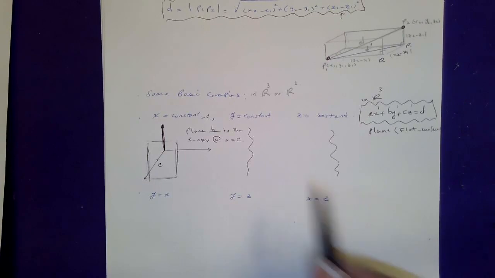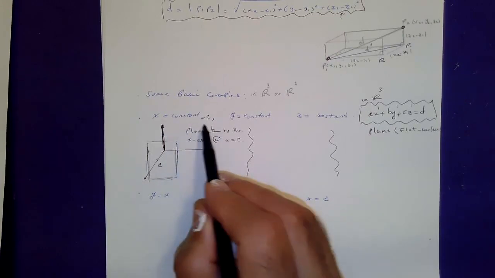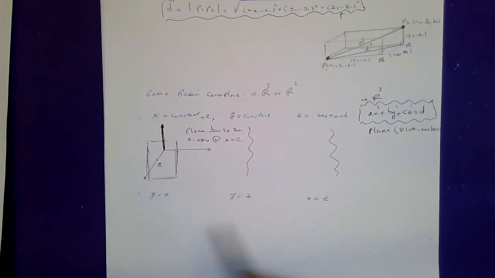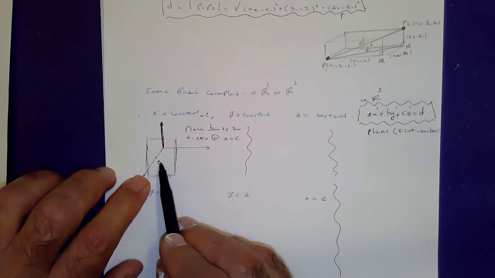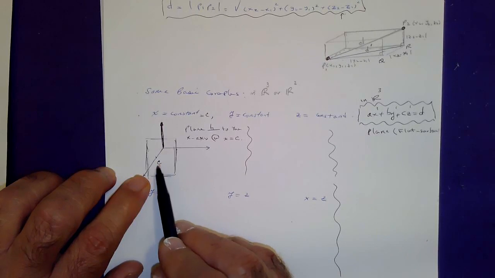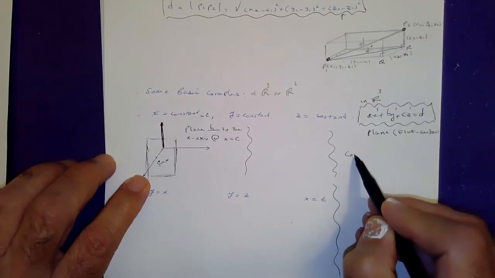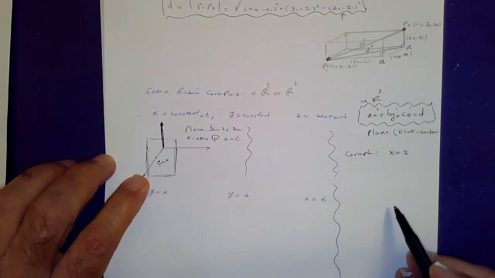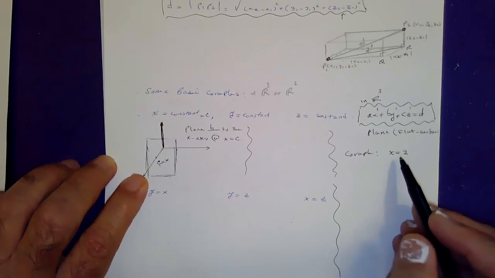So the question is, if you have x equal to a constant, how would that graph look? Well, the graph would be like what we have here, which is a plane perpendicular to the x-axis at x equals C. What does that mean? Suppose I was asked to graph x equals 2. Remember, this is not a point, it's a plane.